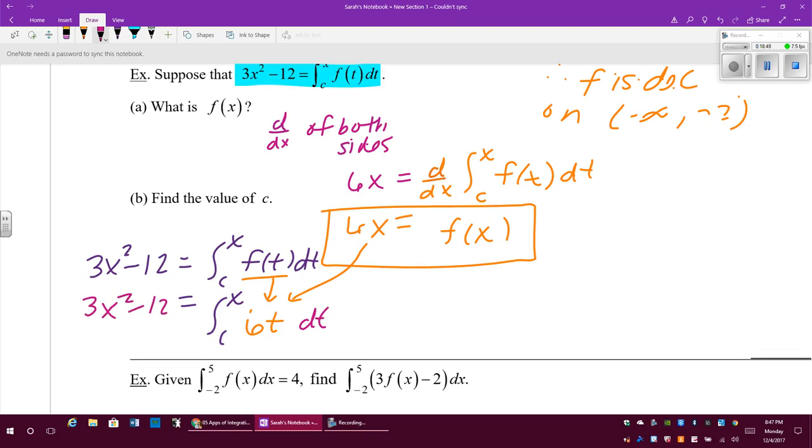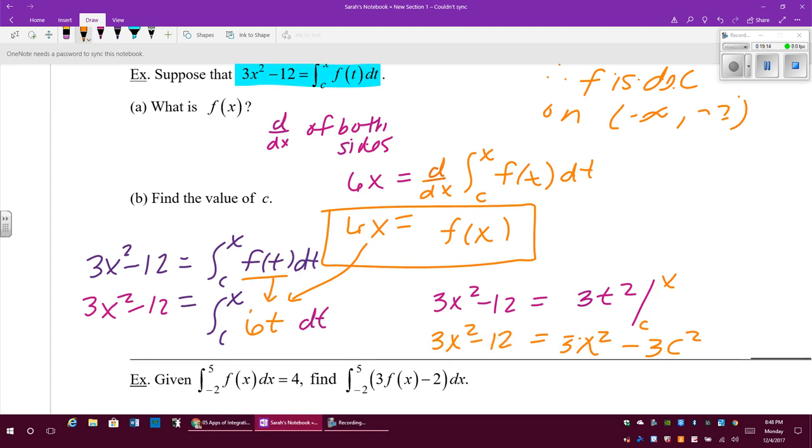Okay? Well, you know how to take the antiderivative of 6t. The antiderivative of 6t should be 3t squared, and we're going to evaluate that from c to x, which is going to give me 3x squared minus 3c squared.